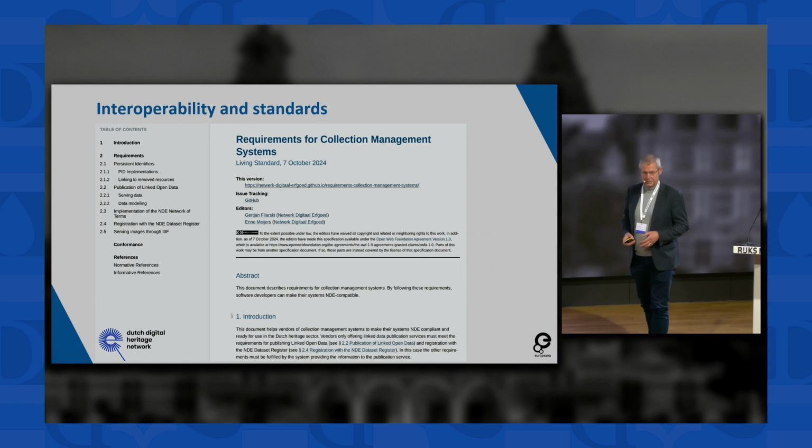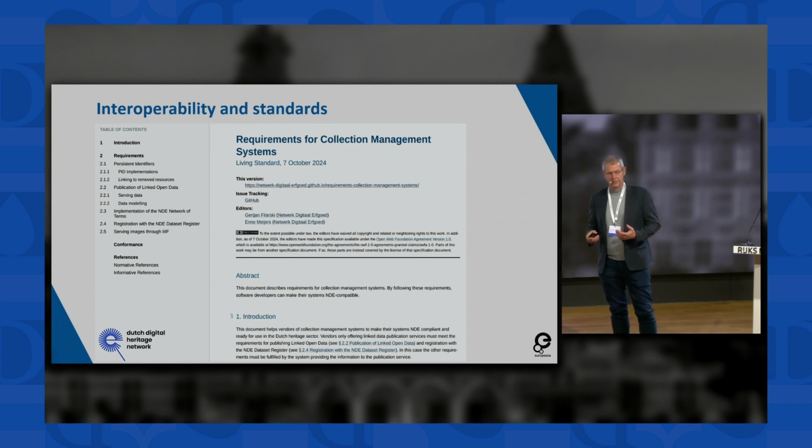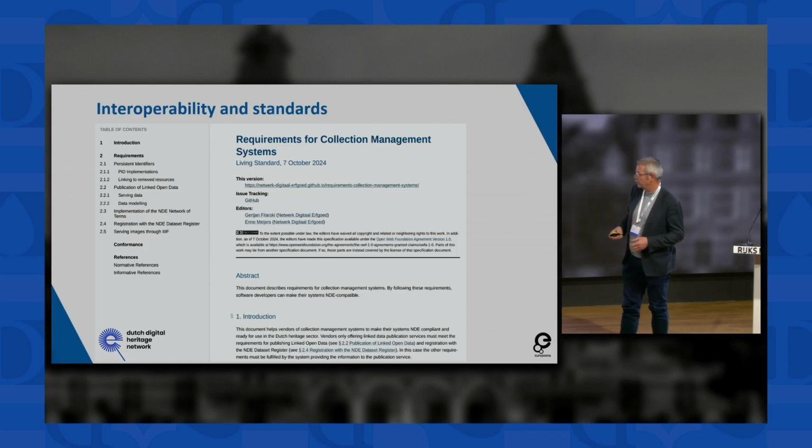The strategy is about improving the visibility, the usability and the sustainability of cultural heritage information in order to create more value for the user and do that in a more easy way. And the approach we chose is to go for standardization and to work together with all the partners, with all the stakeholders in the network on standards about publishing cultural heritage information and describing cultural heritage information, but also about working on sustainable collections.